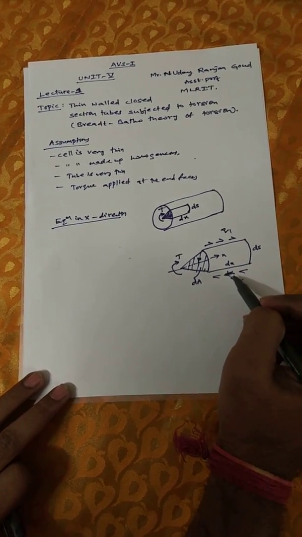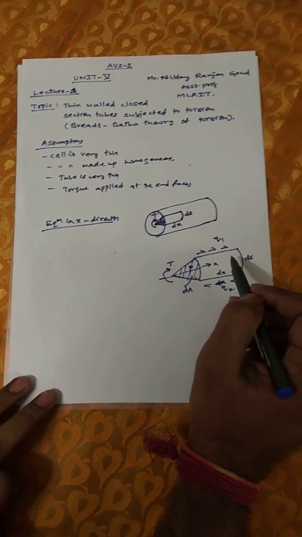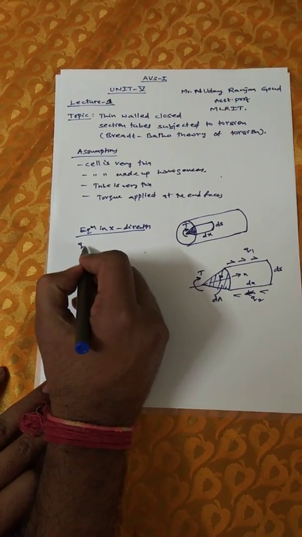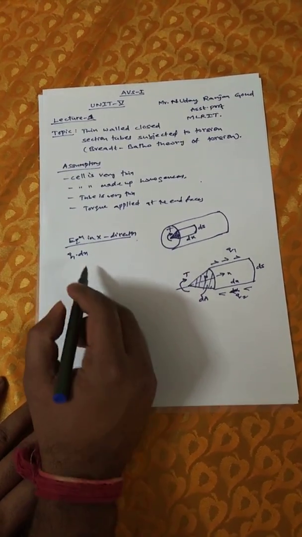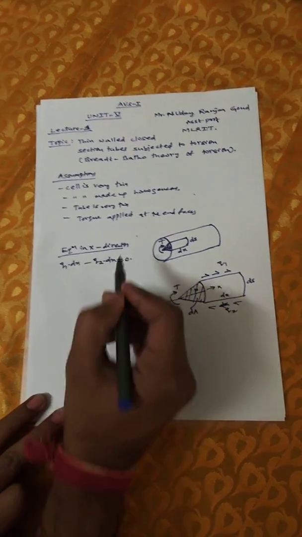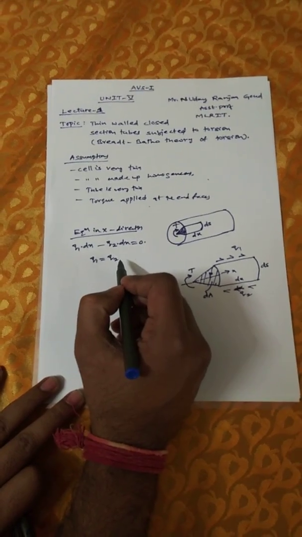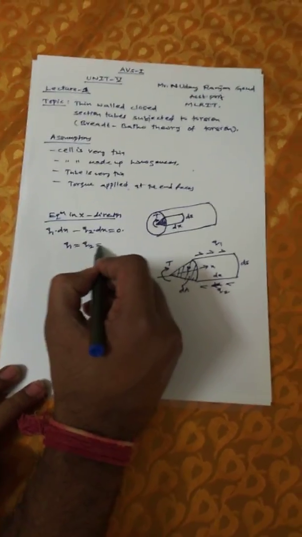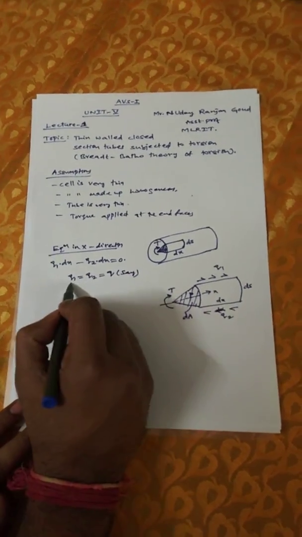Considering q2 in one direction and q1 in the other direction, q1 into dx, the shear flow multiplied by length, becomes force. So q1 dx minus q2 dx equals 0. From here we can write q1 equals q2, and let us consider q1 equals q2 equals q, say. So q is the shear flow.